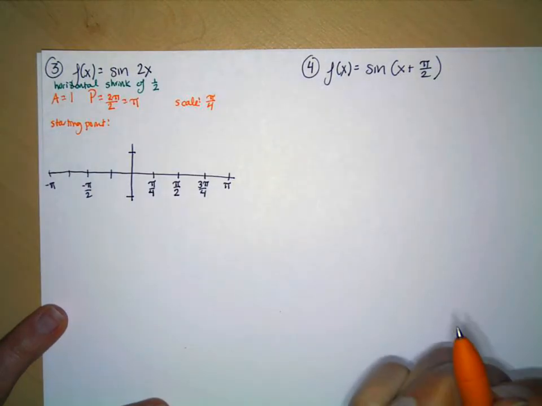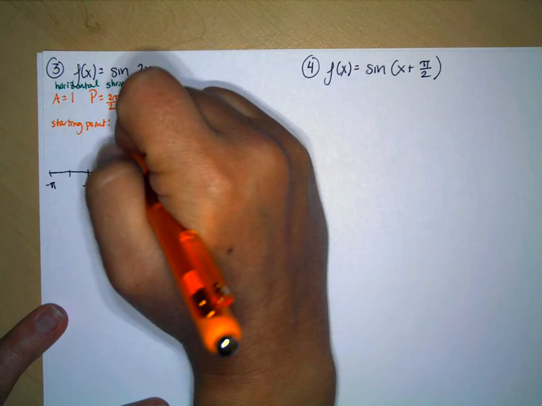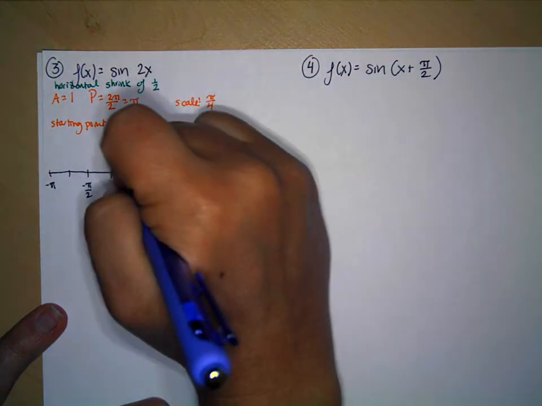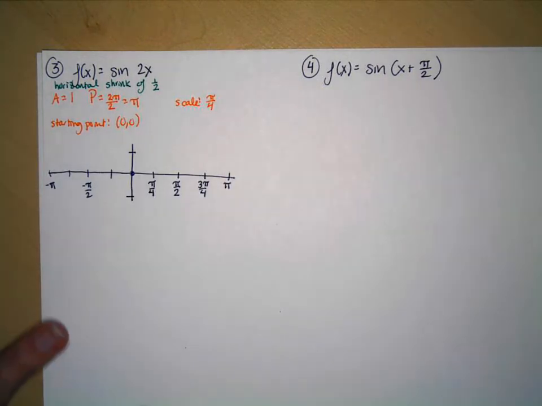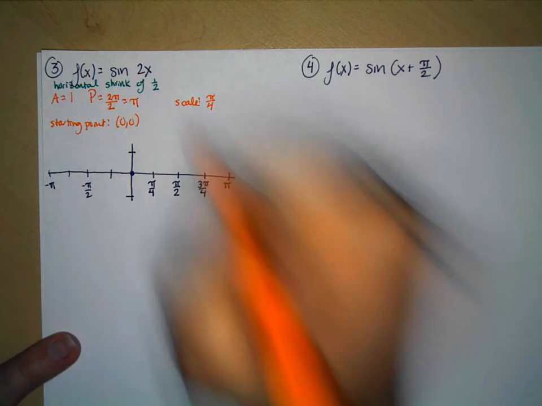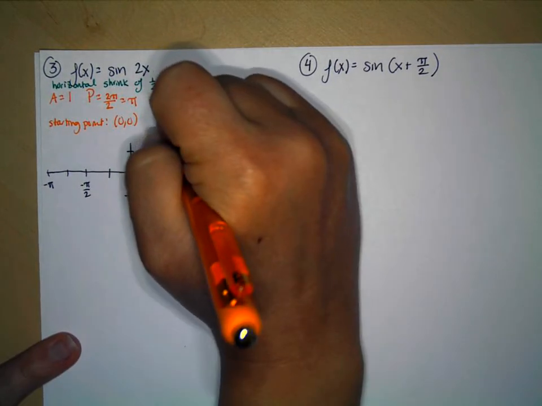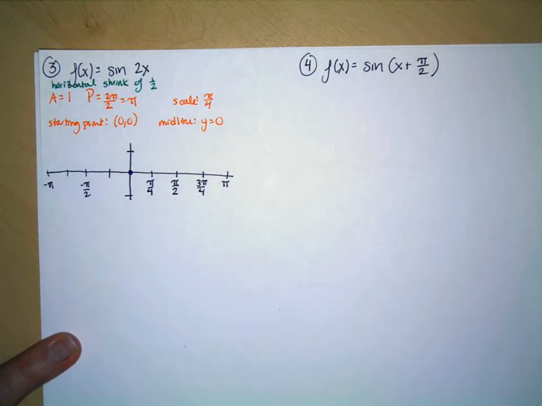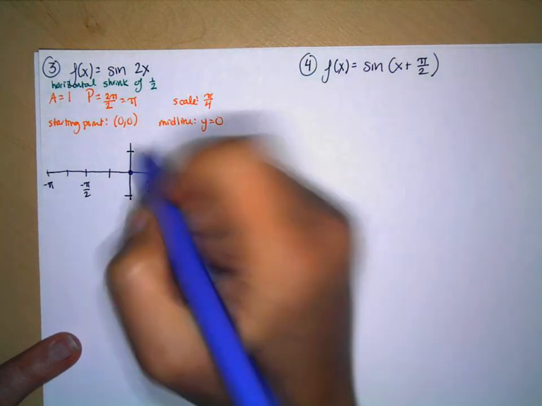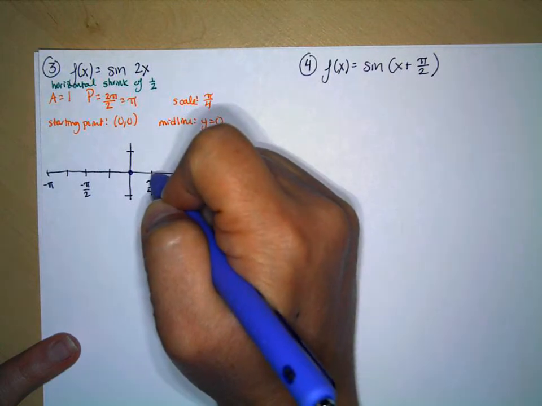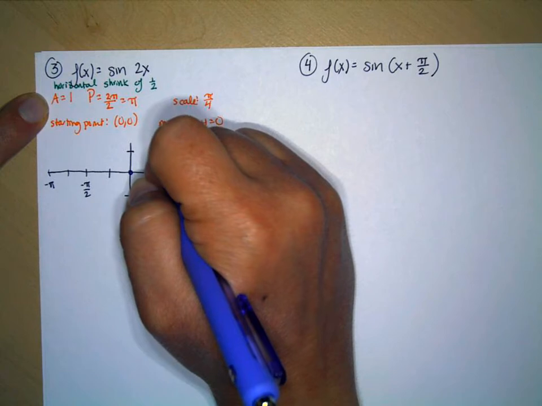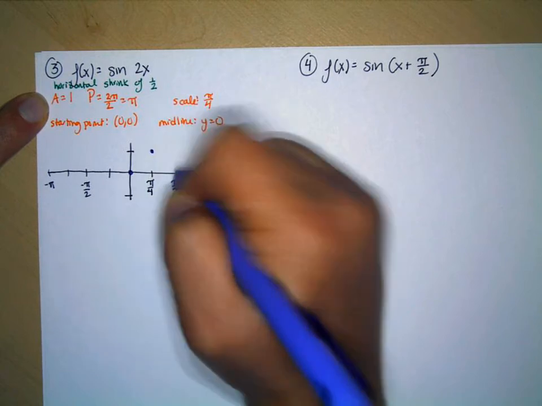We don't have any shifts, so our starting point is going to be 0, 0. Which means our midline will be y equals 0. All right, so our first point's on our midline. Our next point's going to be at our maximum, and since our amplitude is 1, that's 1 space above. Back to our midline.